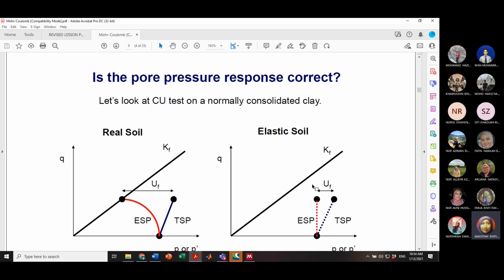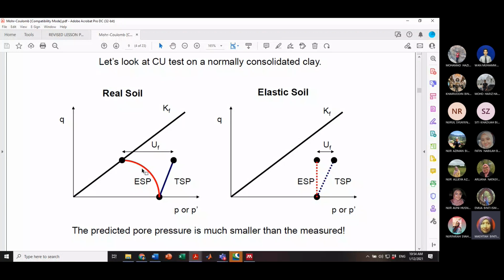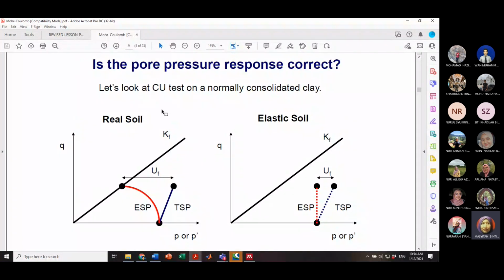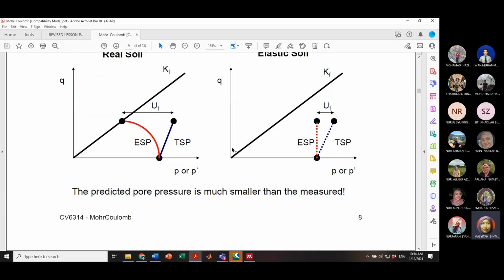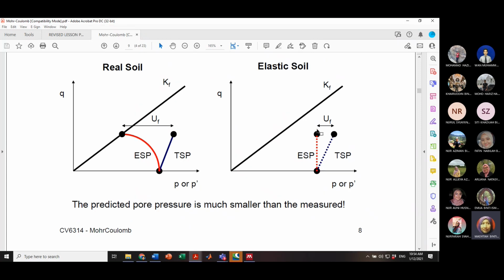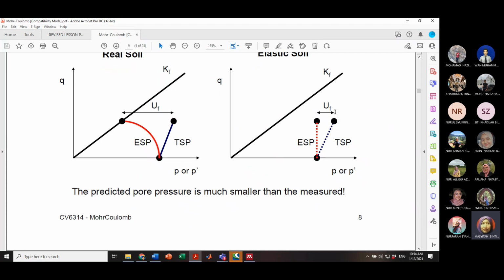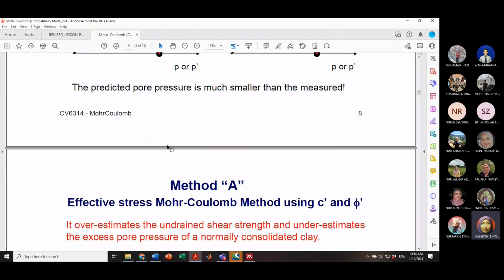Similarly, if you have the pore pressure response, the pore pressure response is the effect of pore water pressure for consolidated undrained. The predicted pore pressure is much smaller than the measured, which is not true for the real soil. You can see that our UF value is actually larger, but when you analyze in the elastic soil or Mohr-Coulomb, the final pore water pressure is less than the real soil.